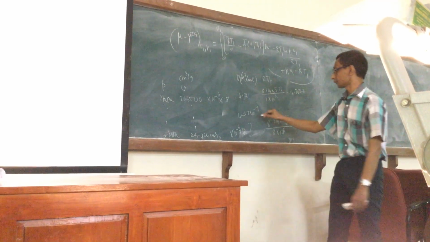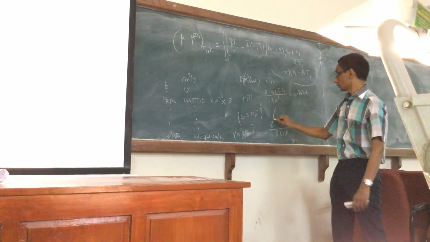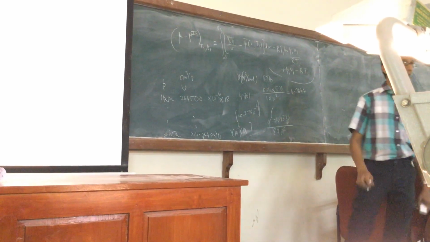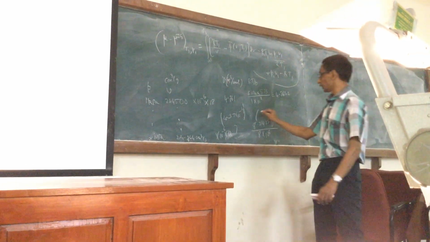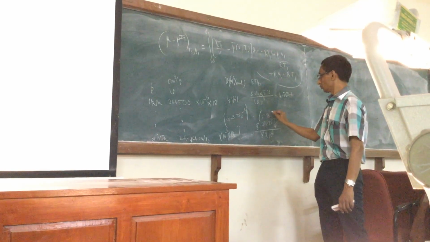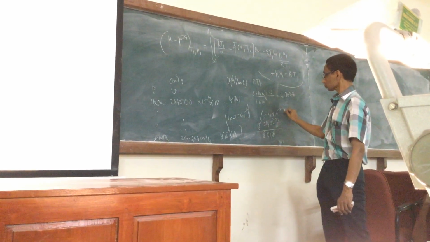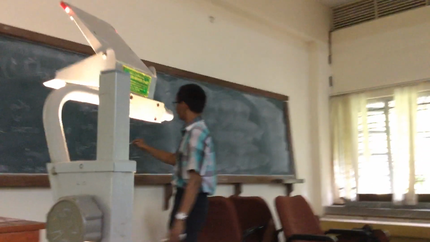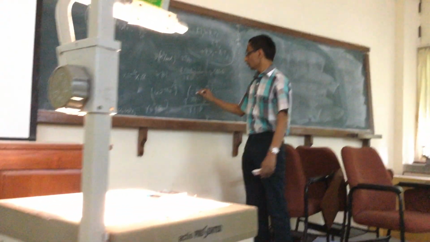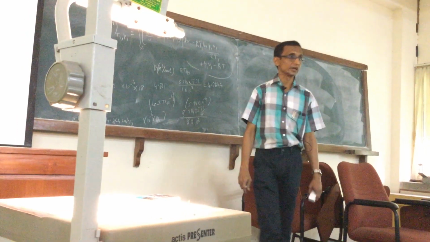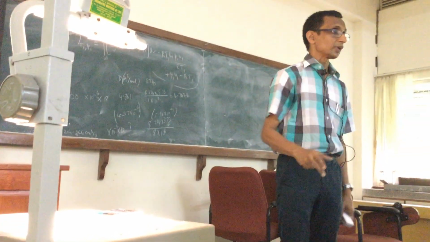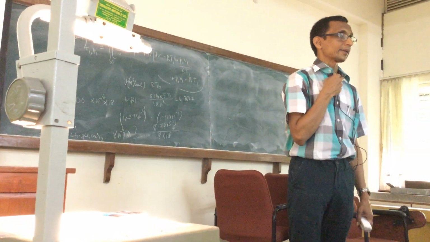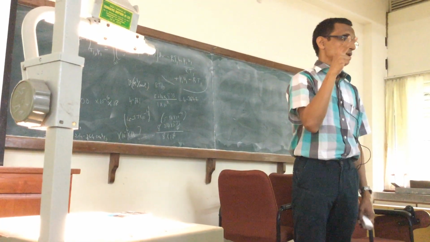And what is this? 5.95 times 10 power minus 4. So you can see the difference: here it's almost the same, here it is quite a bit different, because it moved from the low pressure ideal gas tail.